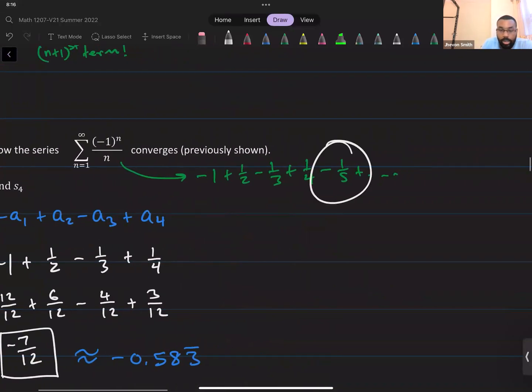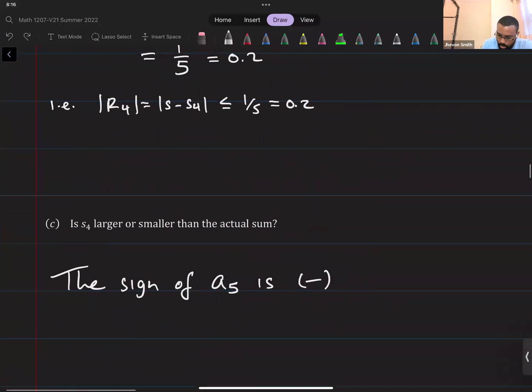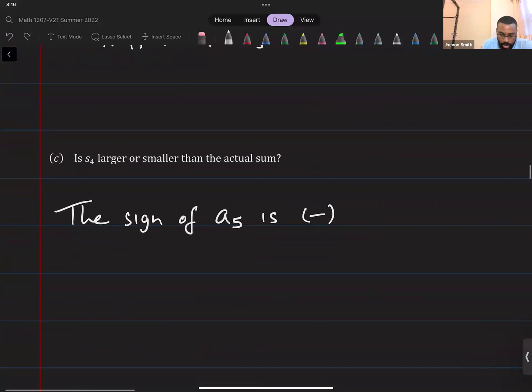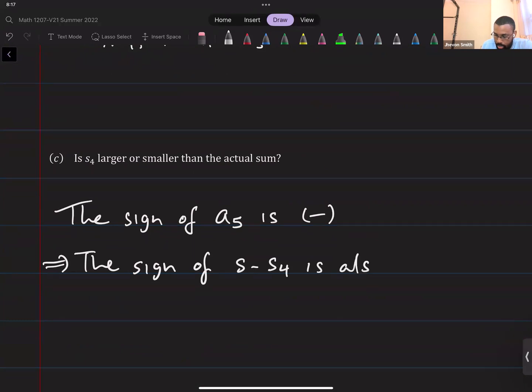You can see it right here. So this would mean the sign of S minus S4 is also negative.